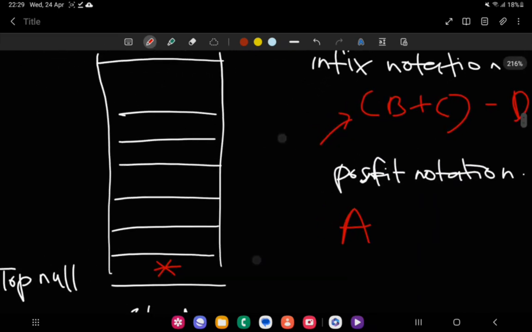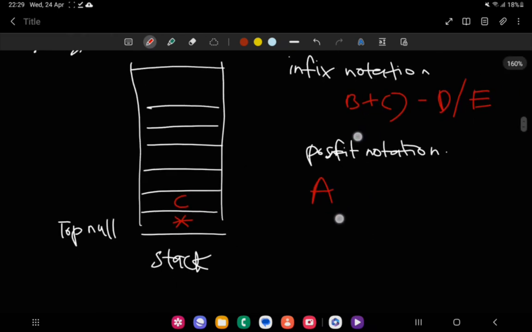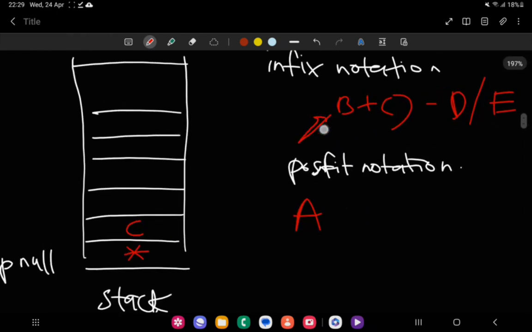So we put it here, right? So we need to erase this. Okay, the next token is B. So we have token B. Then the token is an operand, which will go to the output expression, which is postfix notation. So we write B here. So we erase here. So right.